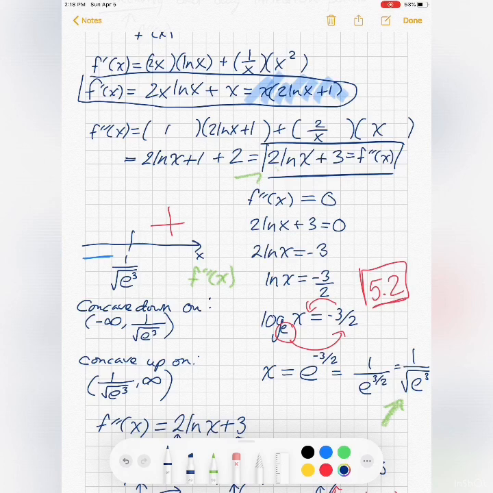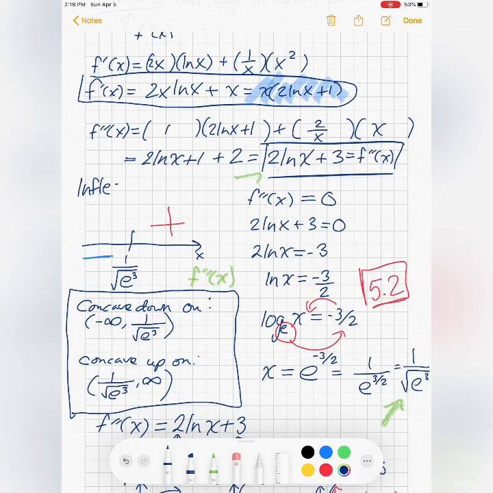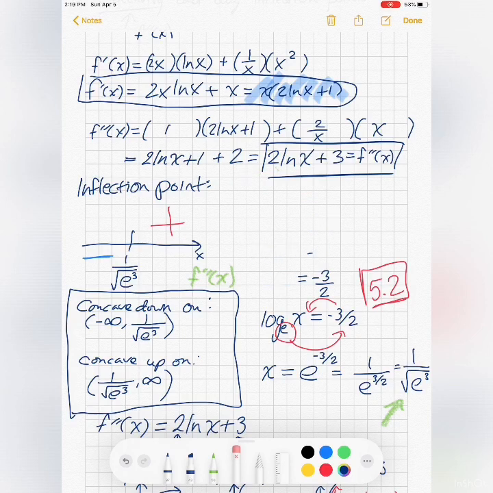I do have a point where the graph changes concavity. So let me circle this. Right, an inflection point. So I can clean some of this up.